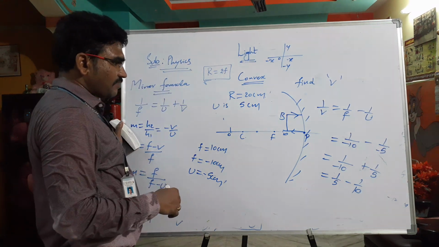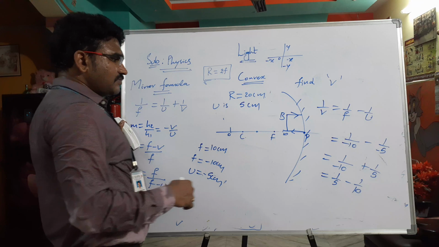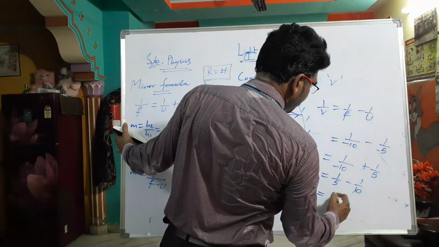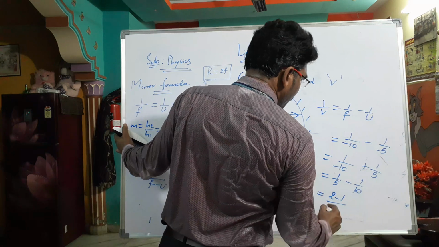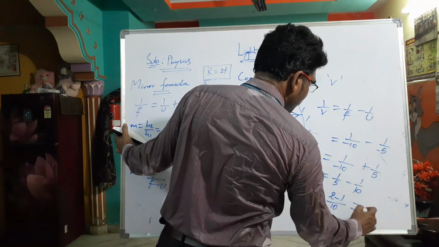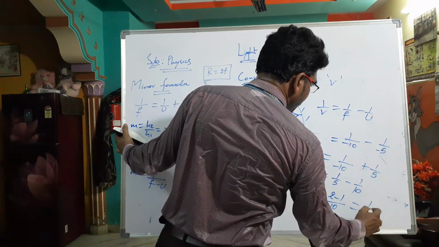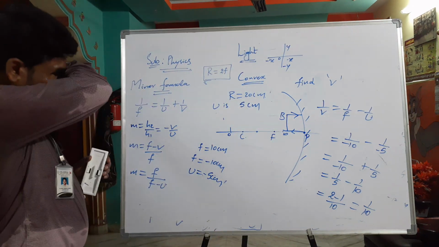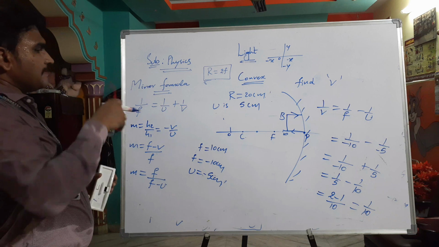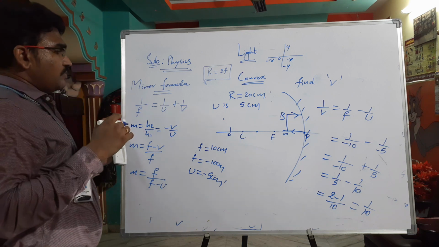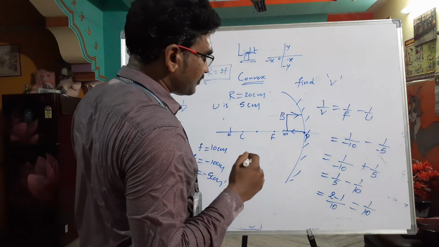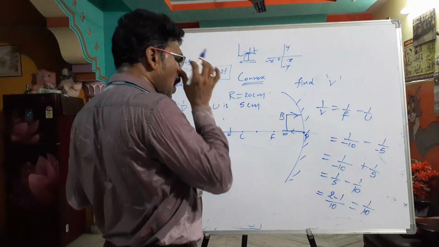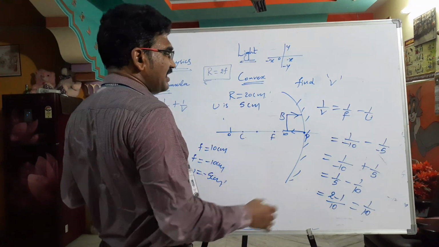When we take the LCM, it is going to be 2 minus 1 by 10. Then it becomes 1 by 10. So V is going to be 10 centimeters.